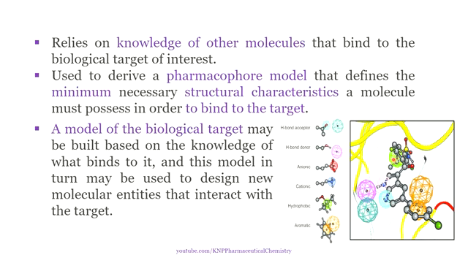If these are the positions where such properties should be present, you have to calculate or get knowledge of these positions. So that's what was said: a model of the biological target may be built on the knowledge of what binds to it, and this model in turn may be used to design newer molecular entities which are going to interact with our target.